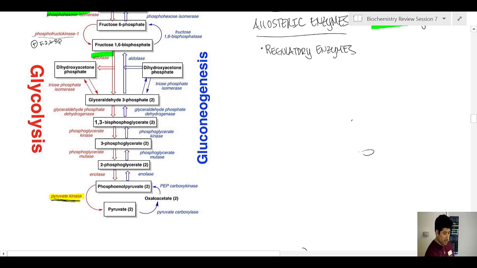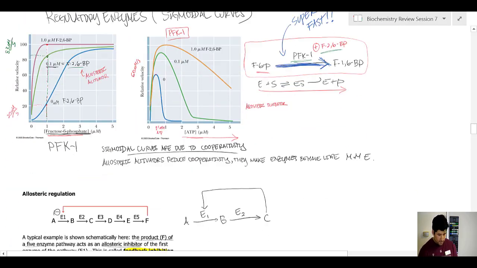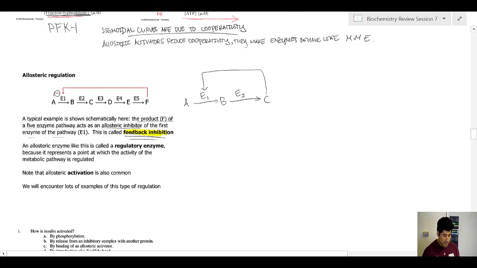It increases it, so are we going to turn more fructose 6-phosphate into fructose 1,6-bisphosphate, or less? More. So that's allosteric activation, and this right here is feedback inhibition, whenever the accumulation of something inhibits another one. An allosteric enzyme like this is called a regulatory enzyme. All enzymes which can be allosterically regulated are regulatory enzymes.